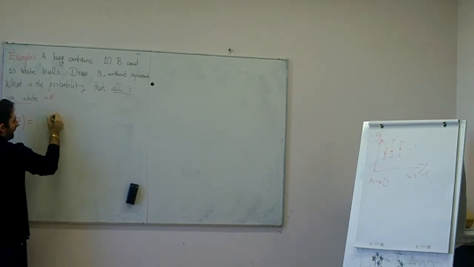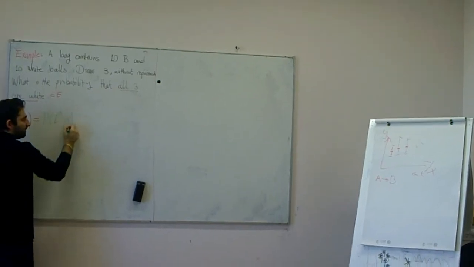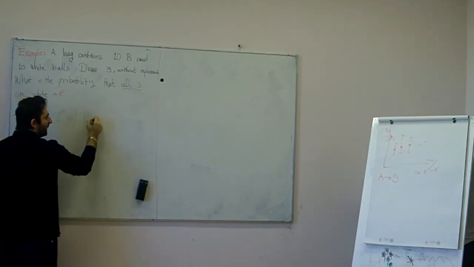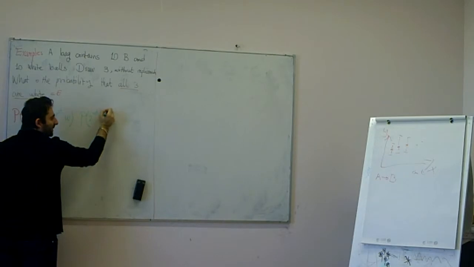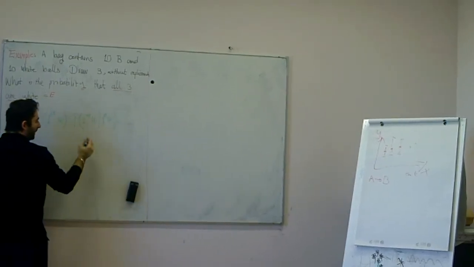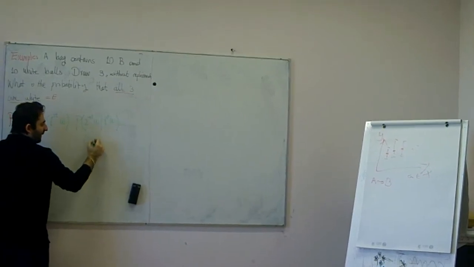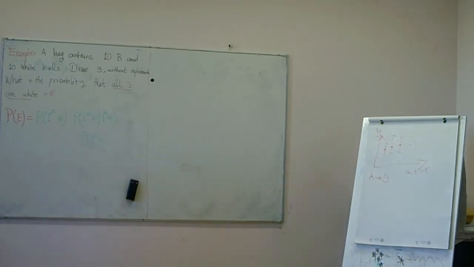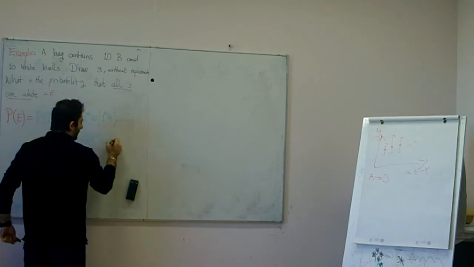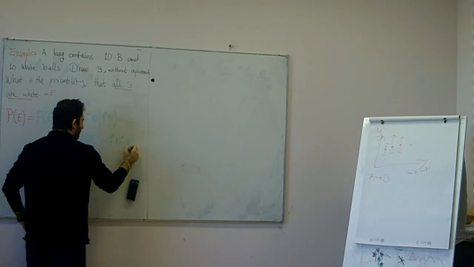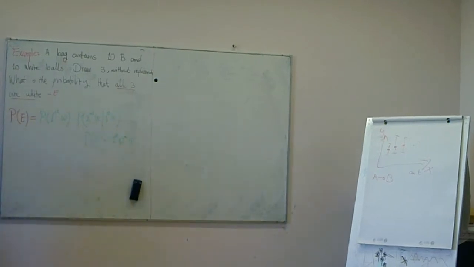Probability of first one is white, multiplied by probability of second one is white, given that the first one is also white, multiplied by probability of the third one is white, given that first and second are white. So we have to multiply these 3 probabilities.